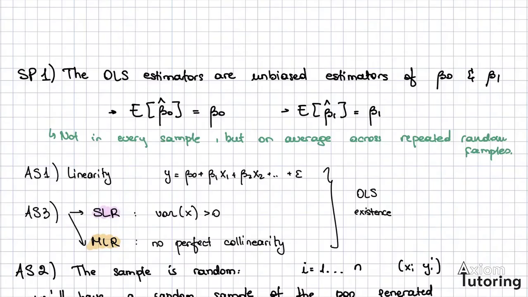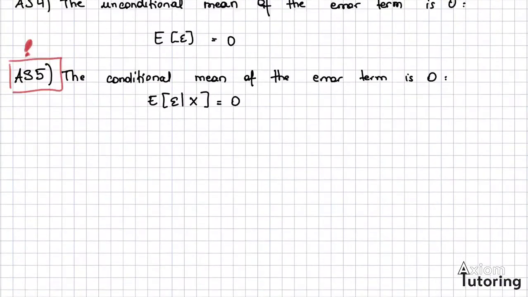Now, what is the main key takeaway that this statistical property gives to us? Given this statistical property, we have what we call the key decomposition. It means that in simple regressions, we can write the slope, beta 1 hat, as the true beta plus whatever noise is out there.